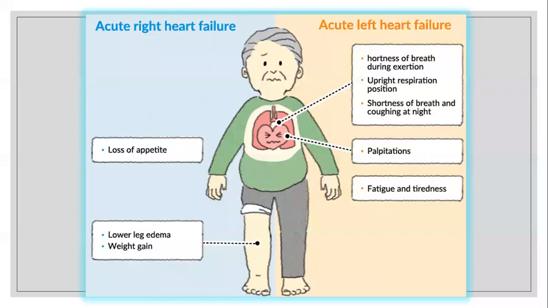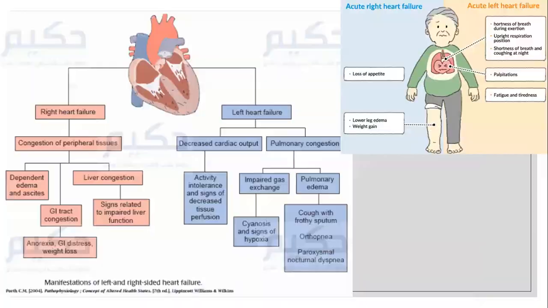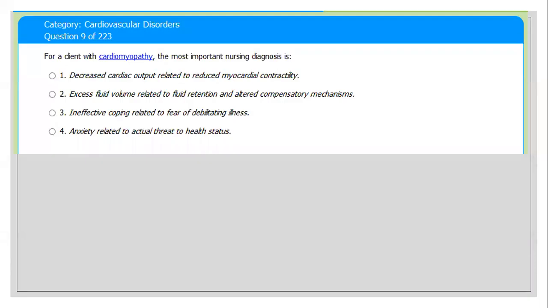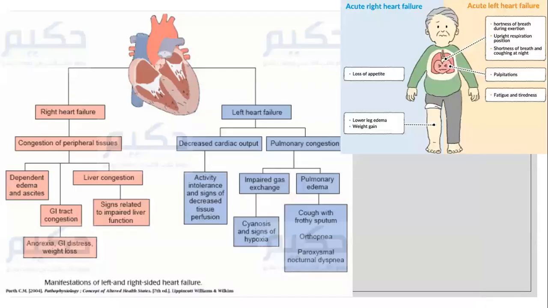So as I told you, sometimes we say left-sided heart failure, sometimes right-sided heart failure, right? This is the right side: right atrium, right ventricle. Left side: left atrium, left ventricle. So if the pathology is on the left side, heart failure occurs because the left side does not work.